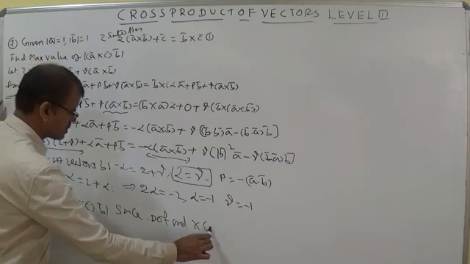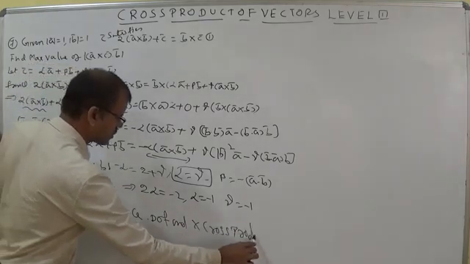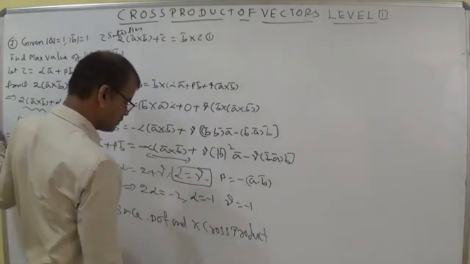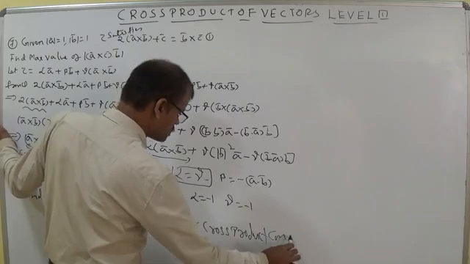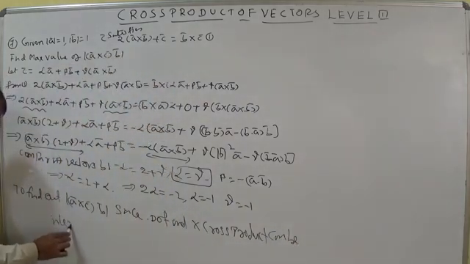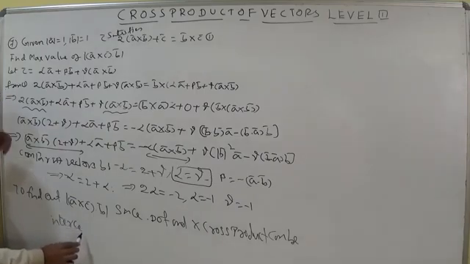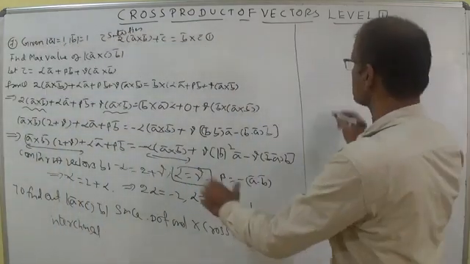Among the scalar triple product of vectors, dot and cross can be interchanged. So, next step I am writing as A bar dot A bar cross B and dot C.